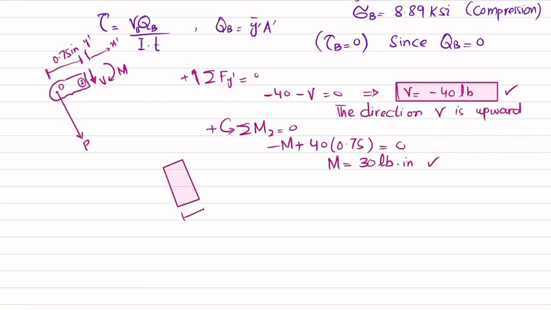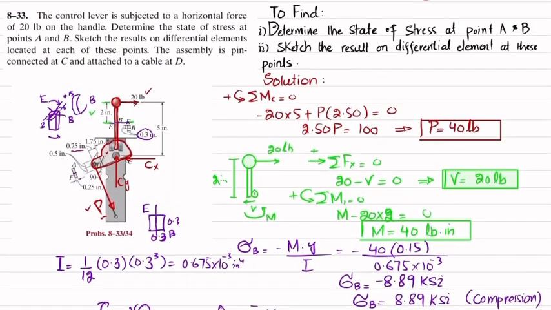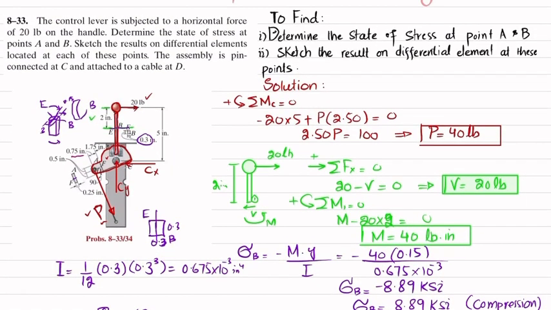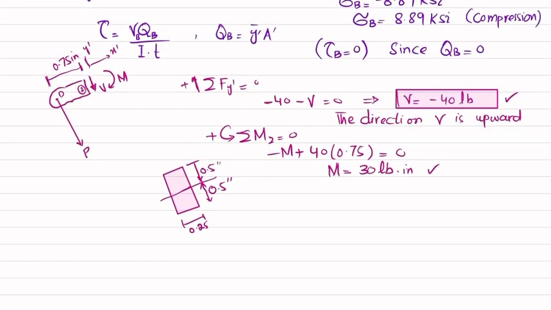This is the triangle. So this is 0.25 inch and total height is 1 inch. So neutral axis will be 0.5 inch and this is 0.5 inch. Now point A is at this point. Clear? So this is your point A.